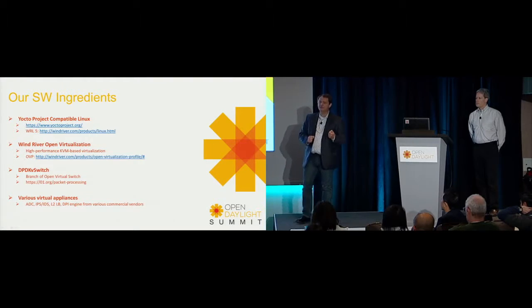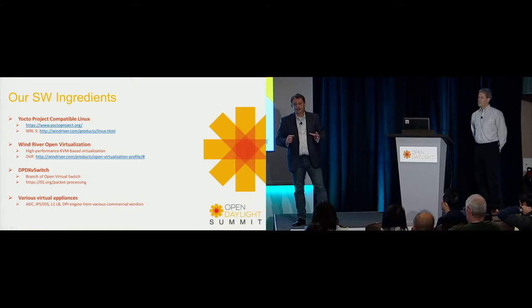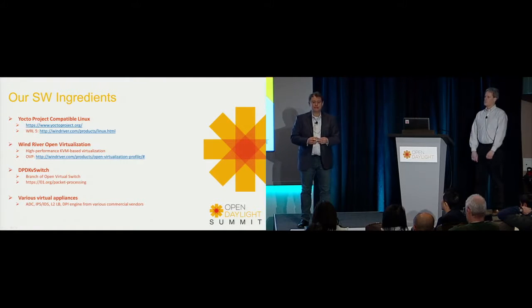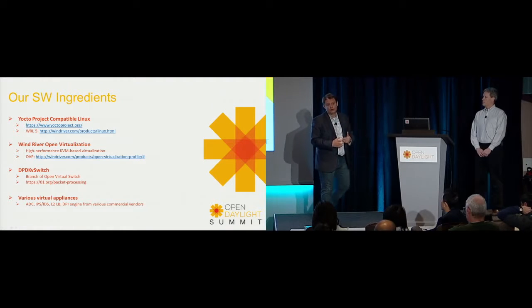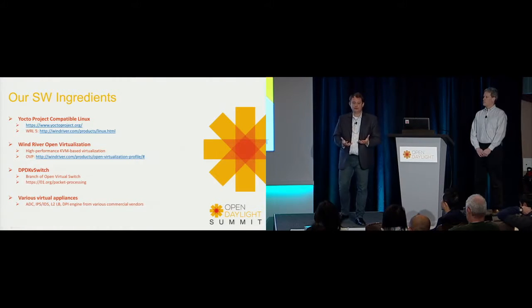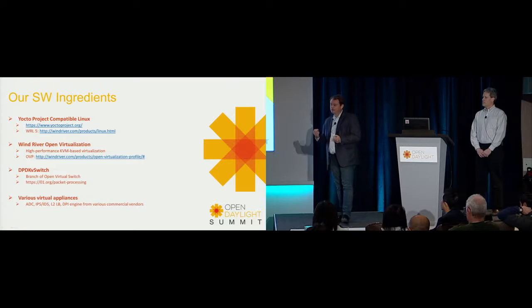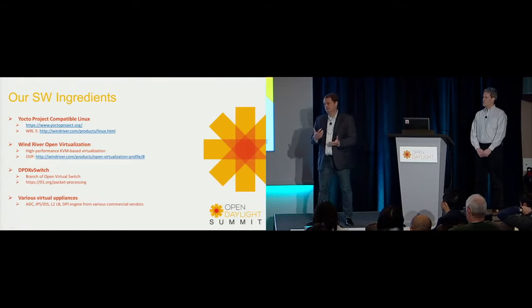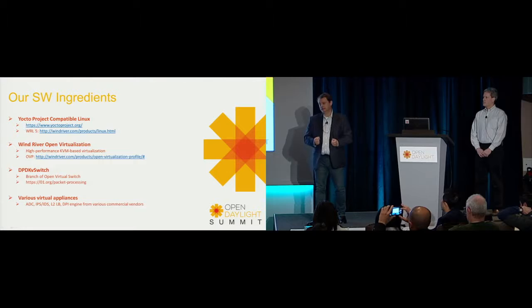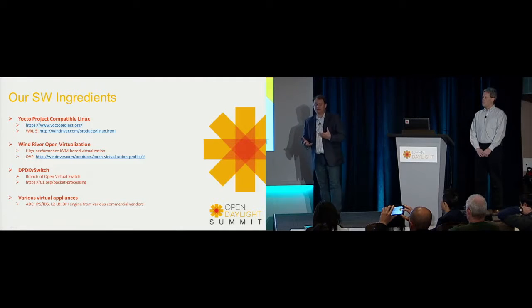As a company, we also launched a major initiative to enhance KVM last year, and we call this our Open Virtualization Profile. This is really KVM on steroids. It's probably the best way to explain it. It's really KVM tuned to have almost real-time performance characteristics.